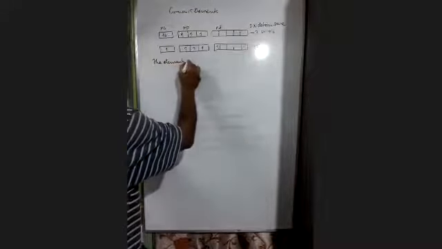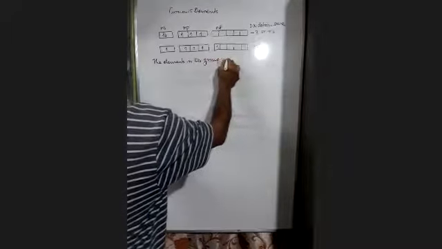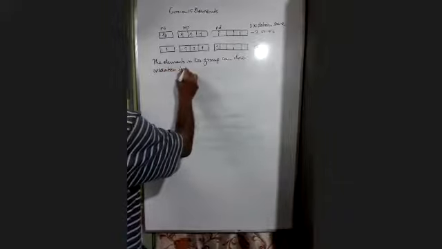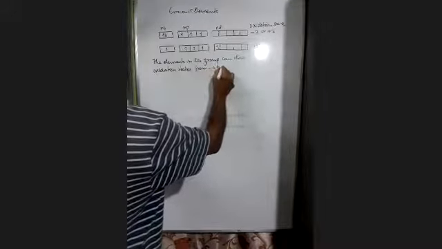So what should I write now here? The elements in this group can show oxidation states from -3 to +5. Then I'll write next. We know when you go down the group, this pair of electrons does not break. We call it inert pair effect.